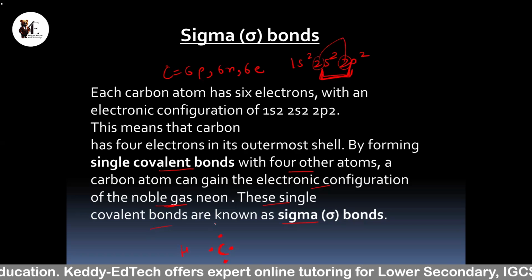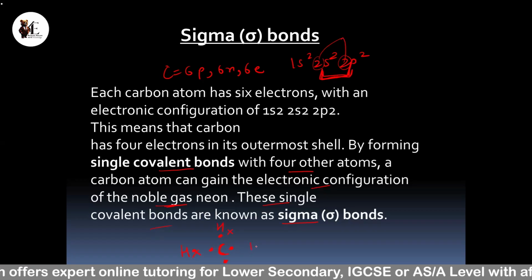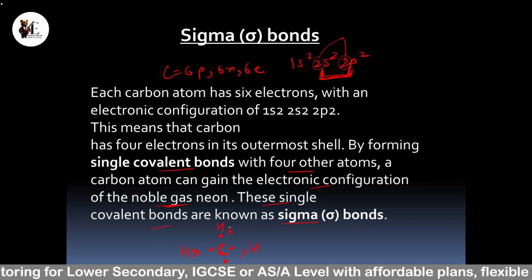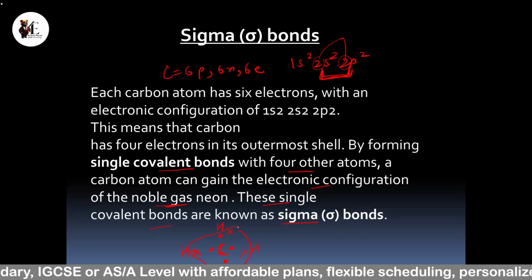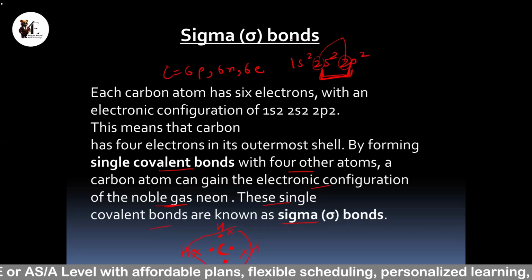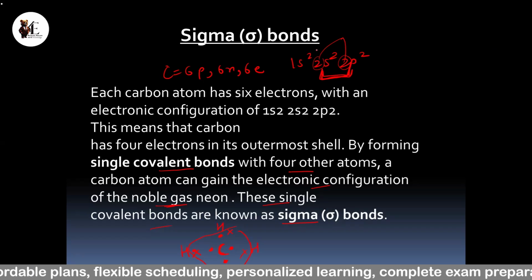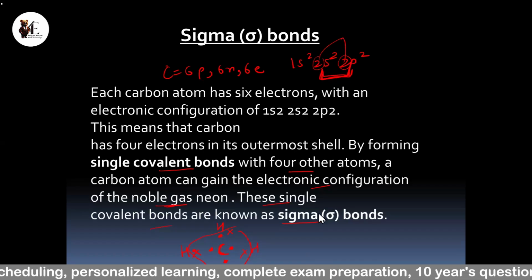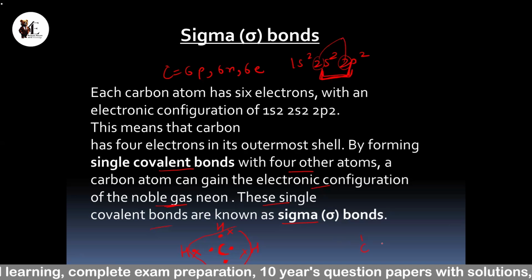For example, hydrogen has one electron. So by sharing of electrons, carbon can complete its octet and become stable. These bonds are known as sigma bonds or single bonds. We represent it by a single line like this.